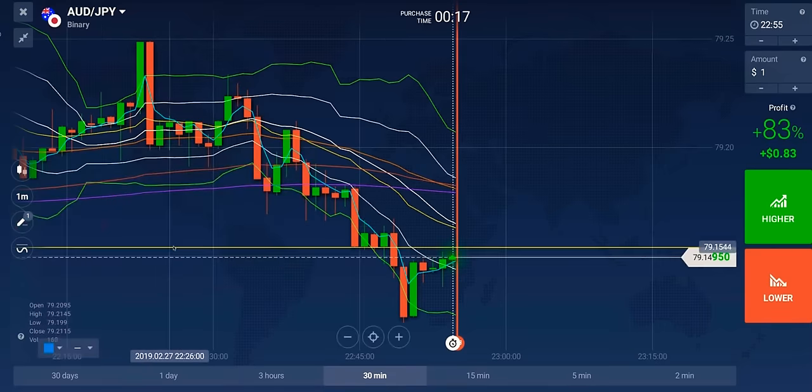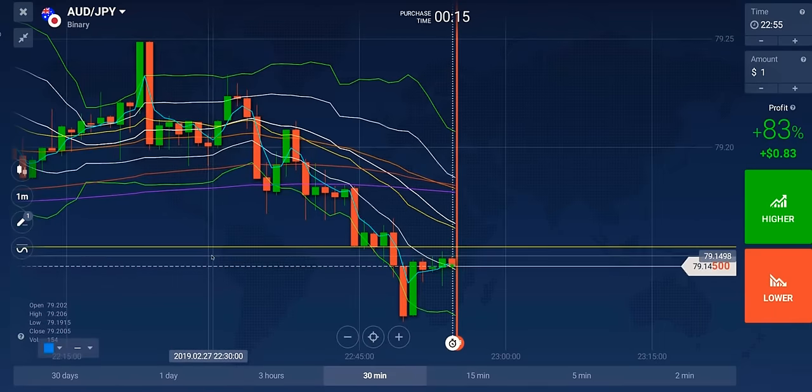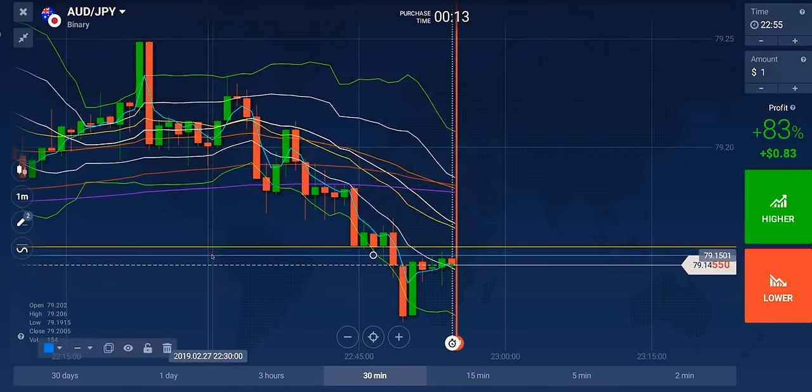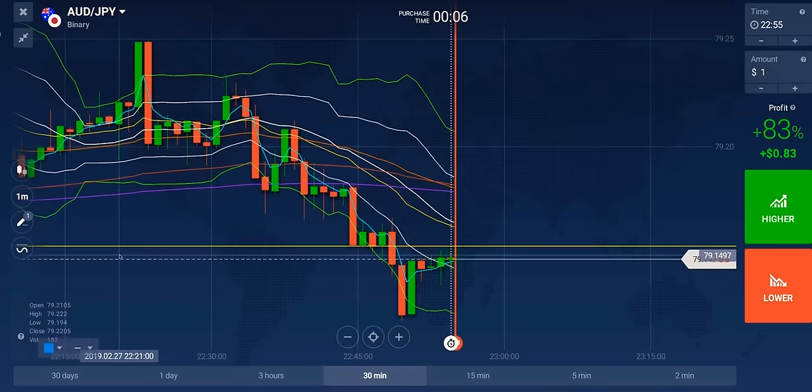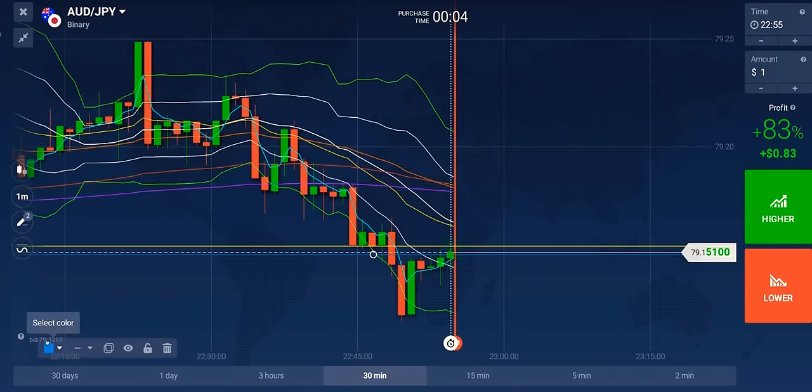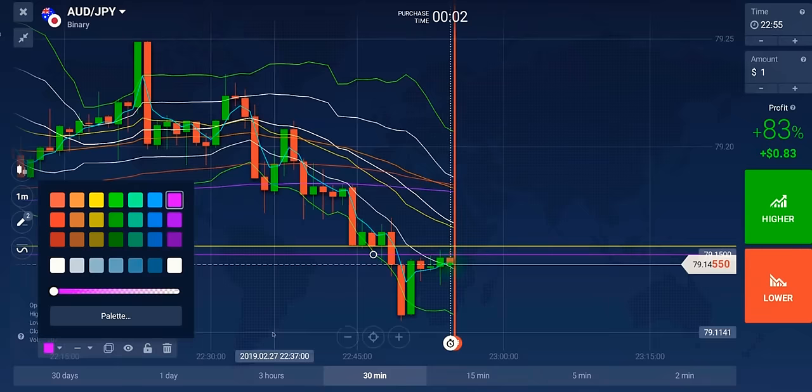So important, you need to know about neckline, because necklines can actually be very good SNR key levels, which shows you the market more clearly.